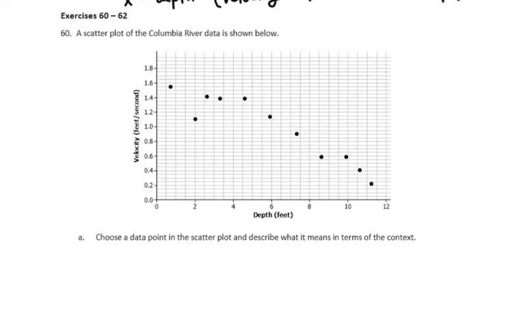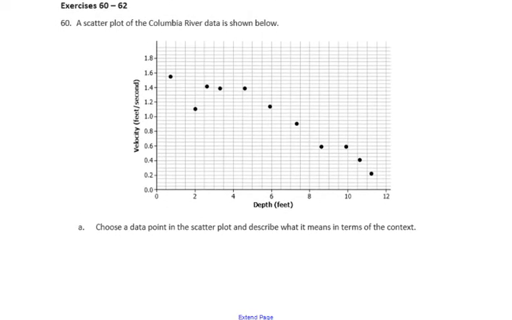So here's our scatter plot. Choose a data point on the scatter plot and describe what it means. So any of these points you could pick. I'll pick this one right here.